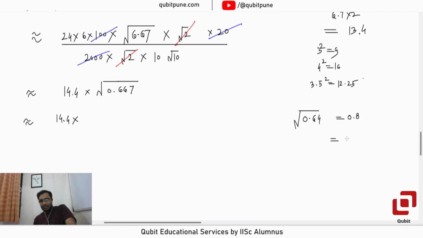Now what is the square of 0.85? 0.7225. So if I take 0.85, my answer has to be less than this. Let's see what this gives me.